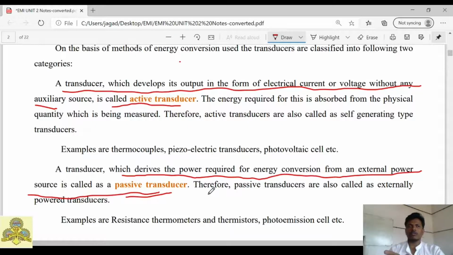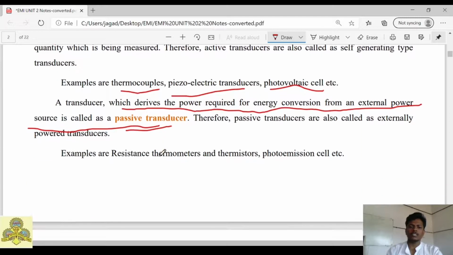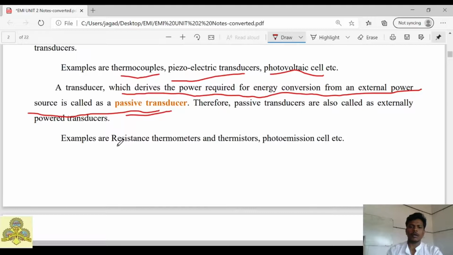If for converting one form of energy into another we need an extra source, it comes under passive. If we don't use any extra source for conversion, that kind of transducer is called an active transducer. Examples of active transducers: photovoltaic cell, piezoelectric transducers, and thermocouples. Examples of passive transducers: resistance thermometers, thermistors, and photo emission cells.